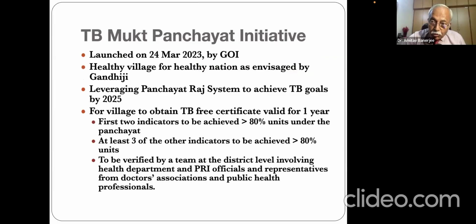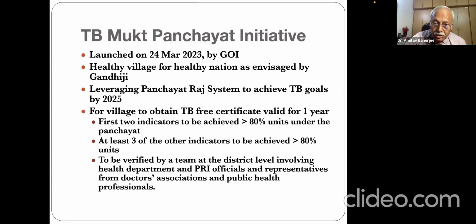And then, as I said, community involvement, as Rimpa mentioned in the beginning, is important. So the TB Mukt Panchayat initiative was started in March 2023 by the Government of India. Healthy village for a healthy nation, as envisaged by the father of the nation, using the Panchayati Raj system to achieve TB goals by 2025.